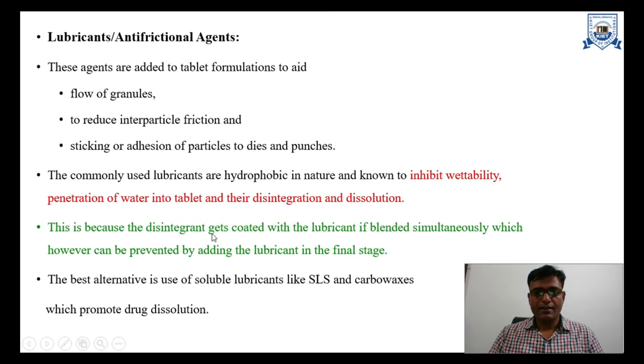Lubricant and other ingredients should not be mixed simultaneously. The lubricants should be added in the last process, just before the compression process. The best alternative is the use of soluble lubricants like SLS and carbowaxes, which promote the dissolution rate.